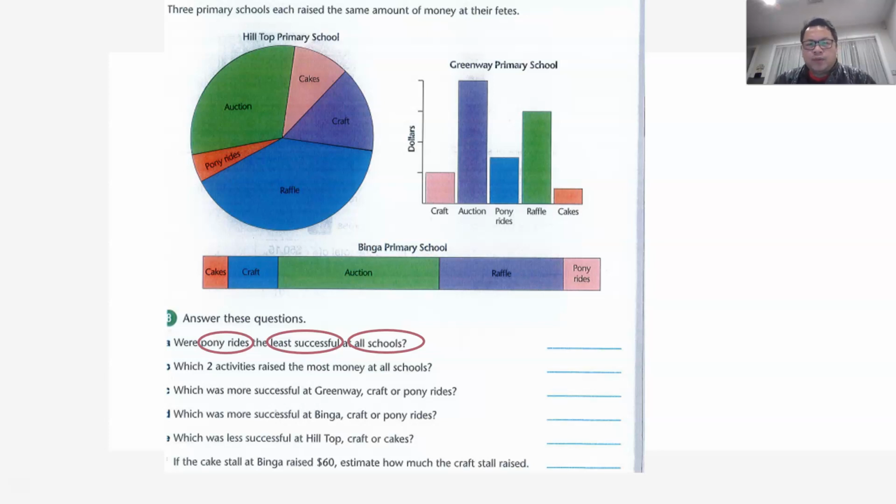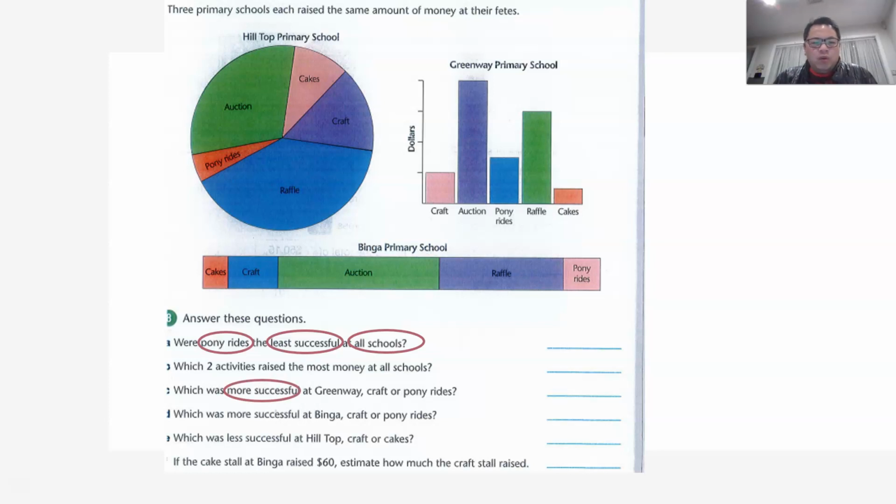What about Greenway? Seems like Kicks is the one that is least favored for Greenway. So even for Binga, seems like Kicks is also the least favored. Okay, so it's not true, isn't it? This statement.